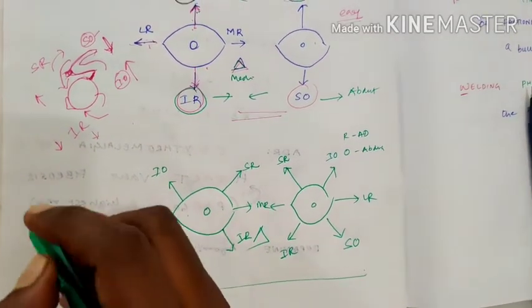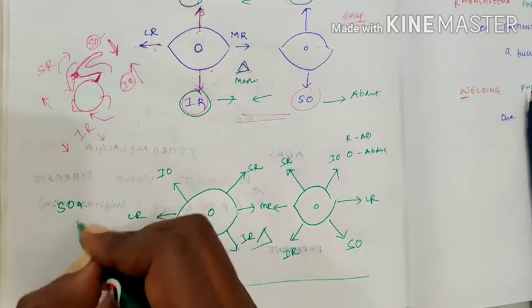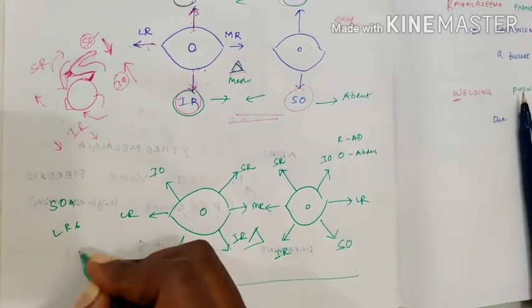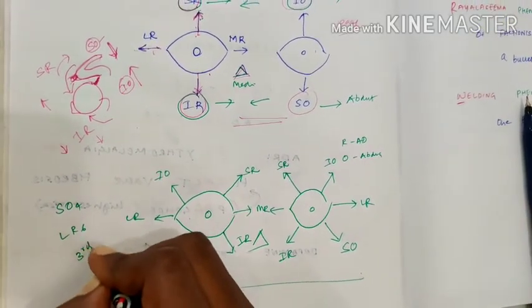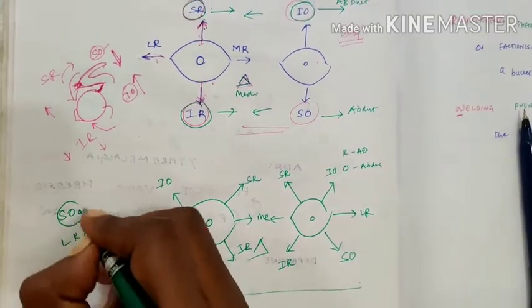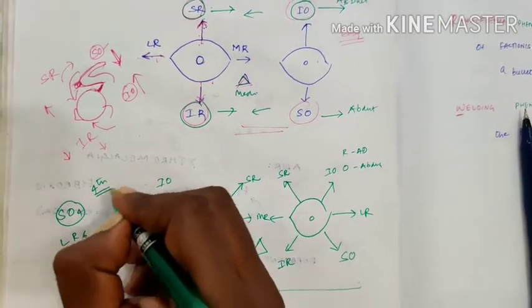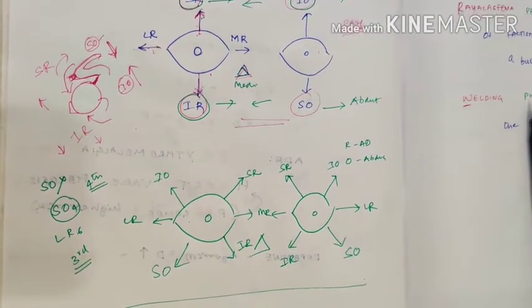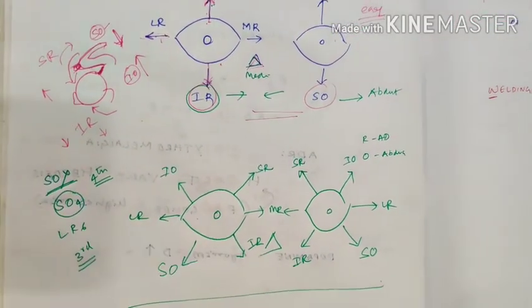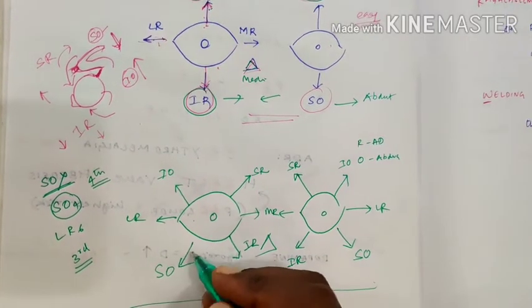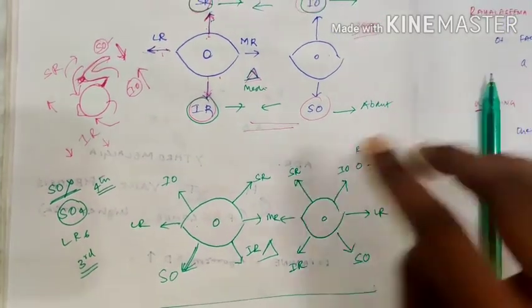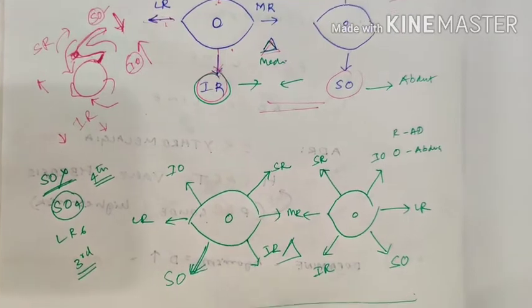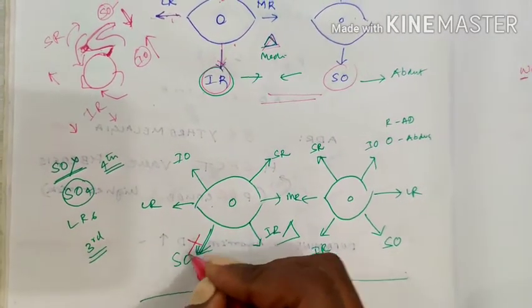Because you know SO4, LR6, remaining all third nerve, right? In fourth nerve palsy, superior oblique doesn't work, right? Which movement will be neutralized here? This movement will be neutralized.